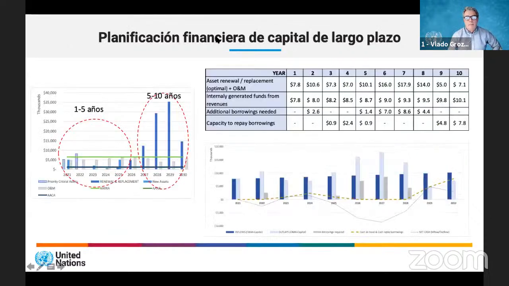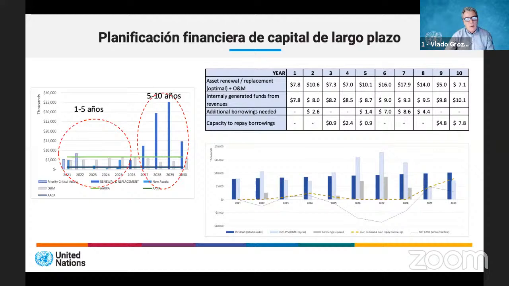Then in the end, we produce, let's say, the optimal asset renewal and replacement plan. In this table on the top, you can see the years from 1 to 10. Then we estimate the cost for replacements and operation and maintenance, which you can see on the left-hand side of the graph, for the short period of time: the bars for the renewal and replacement, and the cost allocated for operation and maintenance.